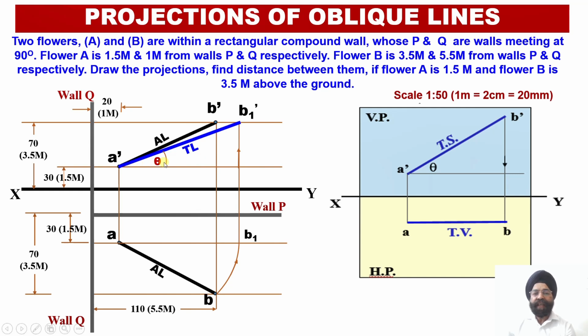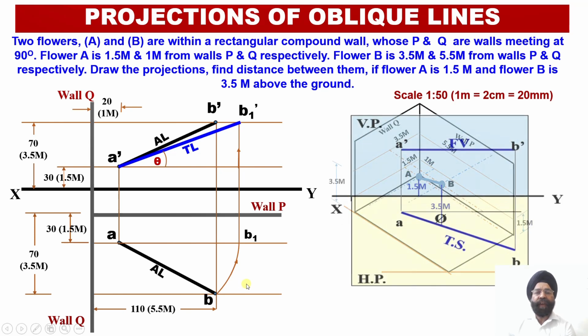Now once we have evaluated the true length of the line in the elevation and the true inclination of this line in the front view, that is with respect to the horizontal plane, in the second phase we are going to evaluate the true length as well as the true inclination of the line in the plan.